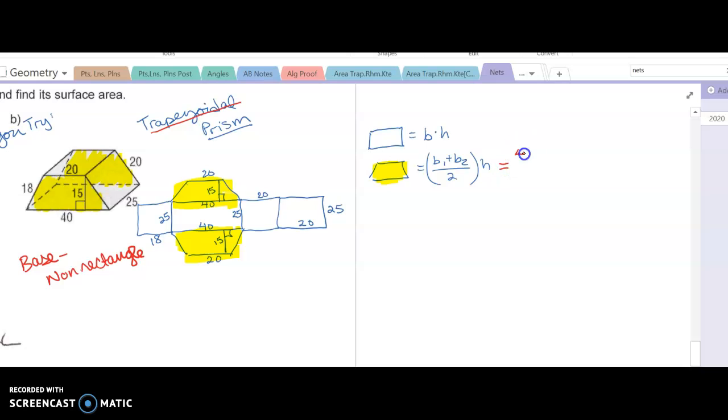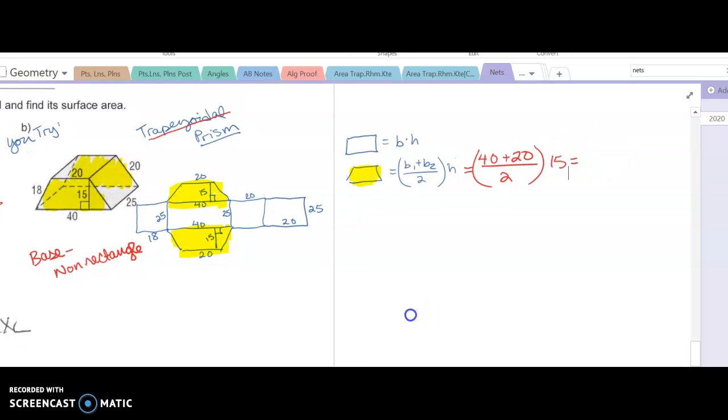So we know our bases are 40 plus 20 all over 2 times 15. So that's 60 over 2. That's 30. 30 times 15 is going to give us 450. And there's 2 of those, right? So we've got 450 here and 450 here.